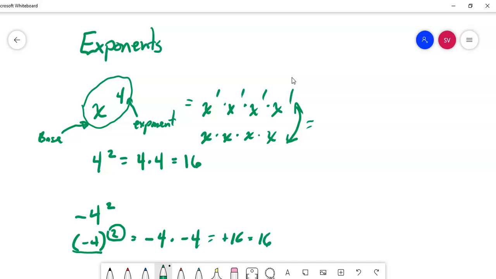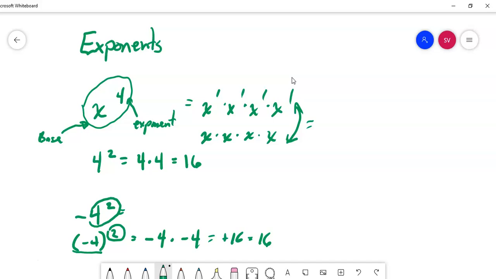Now for here, there are no parentheses. So basically, it is just 4 to the second. This minus is assumed to be multiplied by the 4. If you look at the order of operations, exponents come before multiplication.